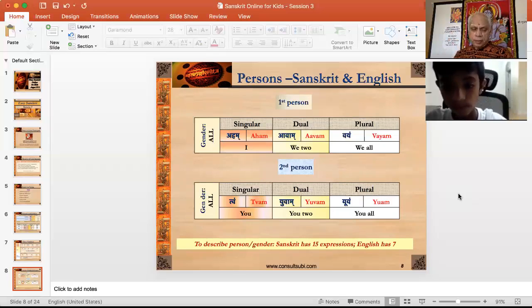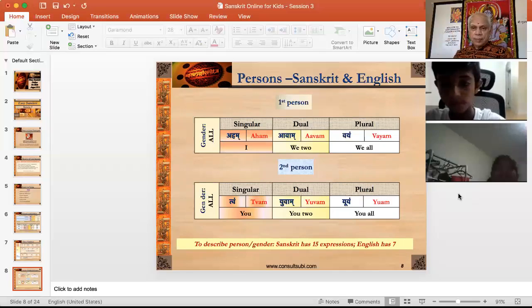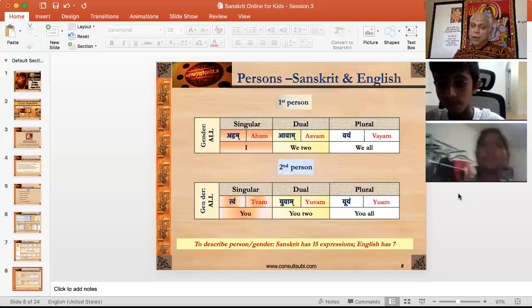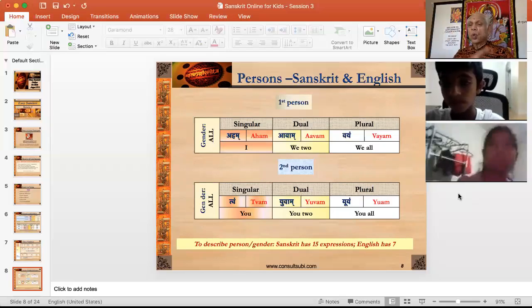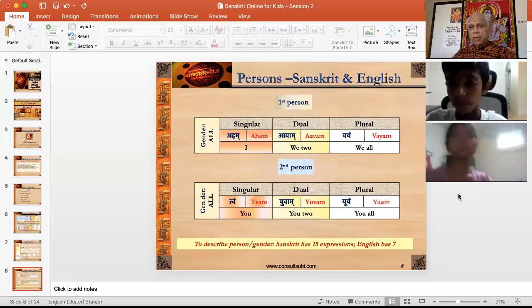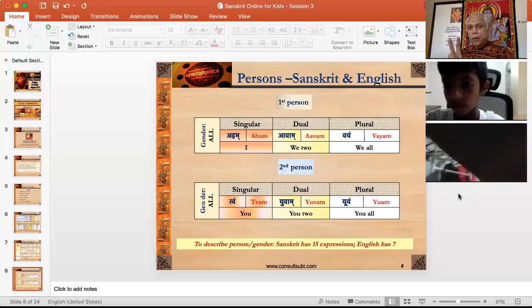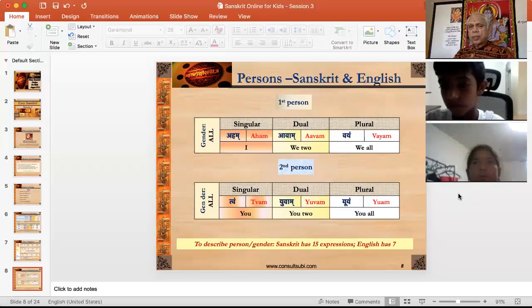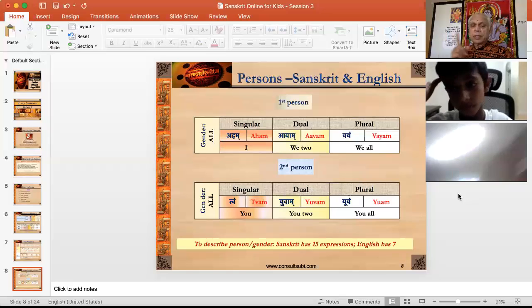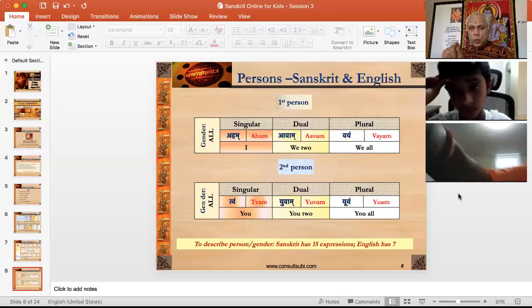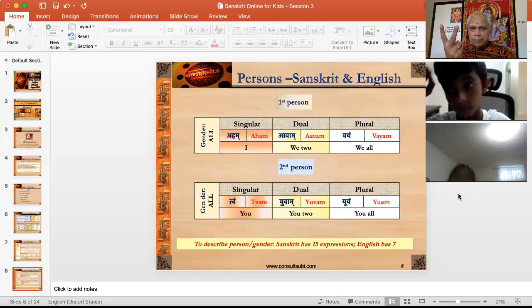Baginyao means sisters. You 2 are sisters. If there are more than 2 people, then you say Yuyam, you all. So you find the first person, Aham, Avam, Vayam. Second person, Tvam, Yuvam, and Yuyam.